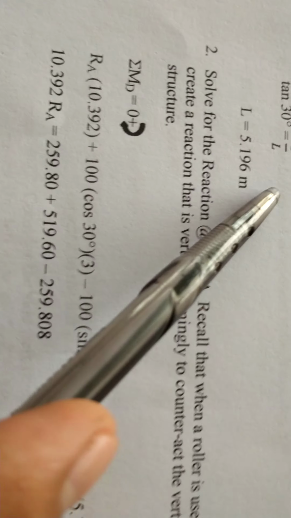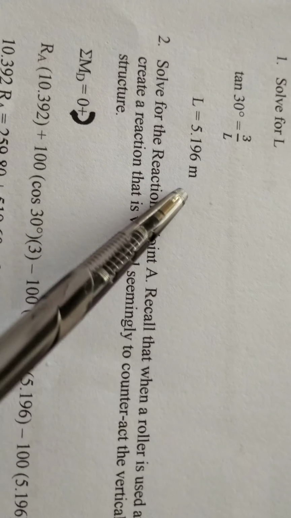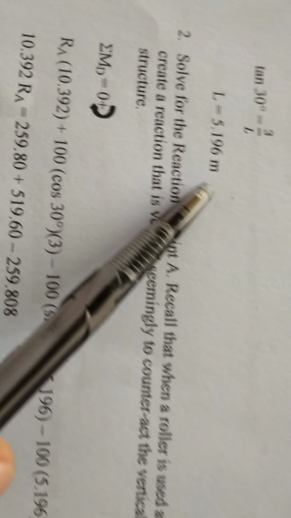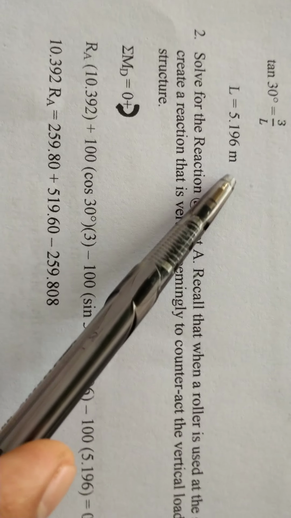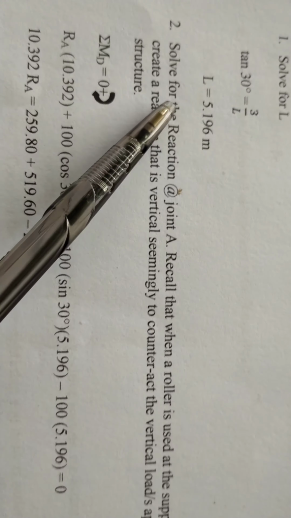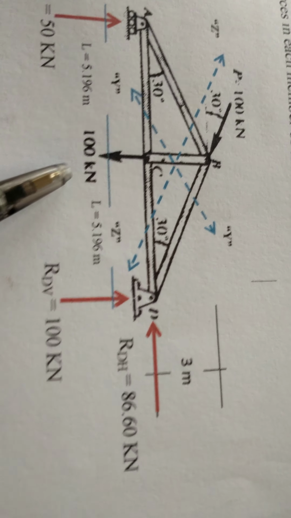5.196 meters. So class, please observe that, as with your previous activities and exercises, I am very particular with units. Please always write down the units. If it is distance, it must be meters. If it is force, as we have been using, we have kilonewtons.